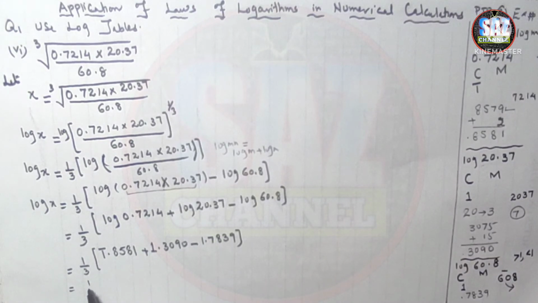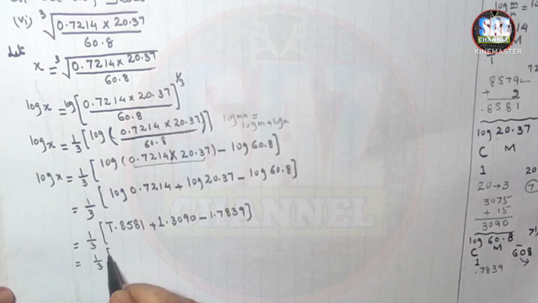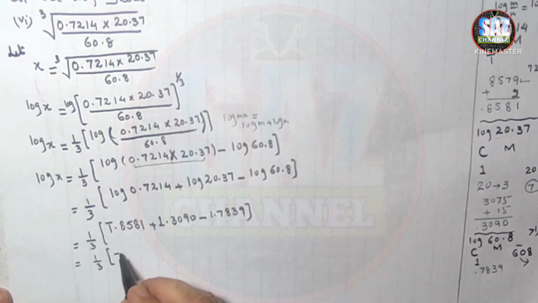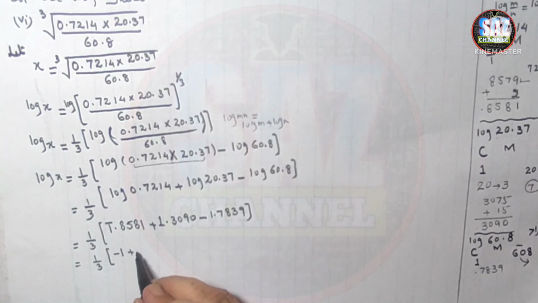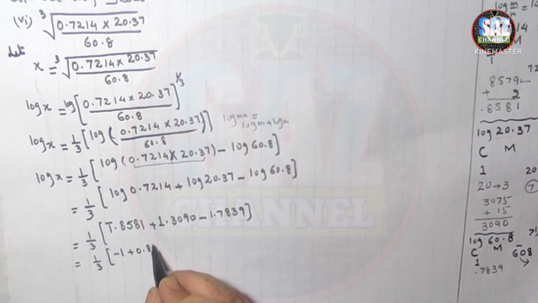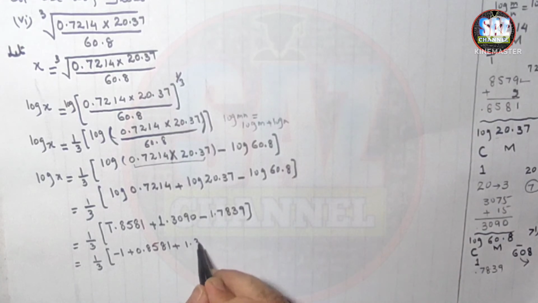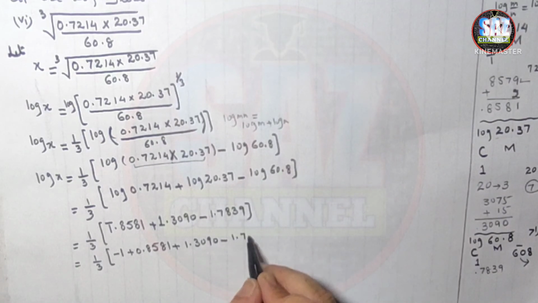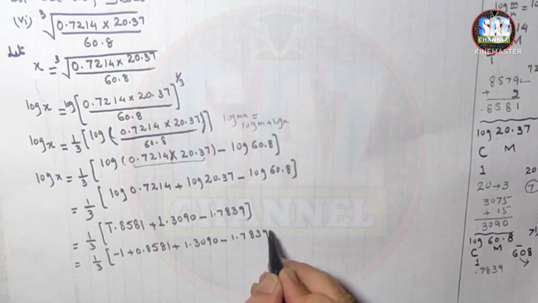Okay, and this will become 1 by 3 for the calculation purpose. This negative characteristic can be written in this form: 1.3090 plus 0.8581 minus 1.7839.